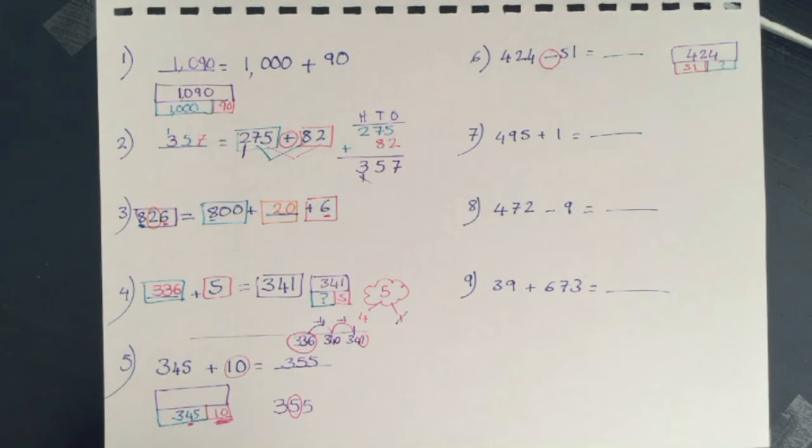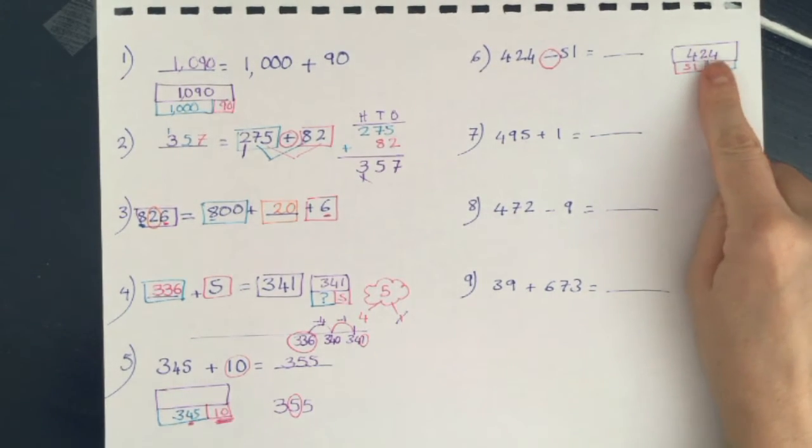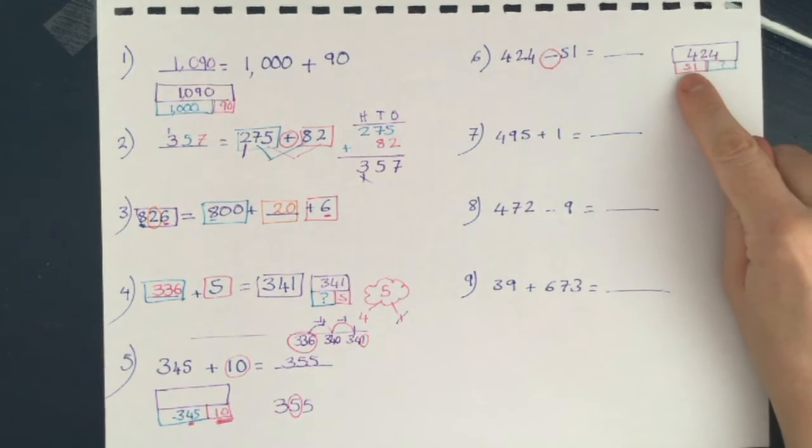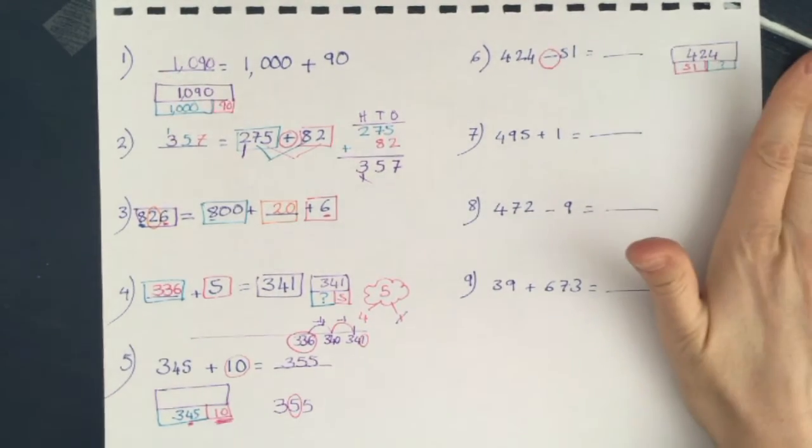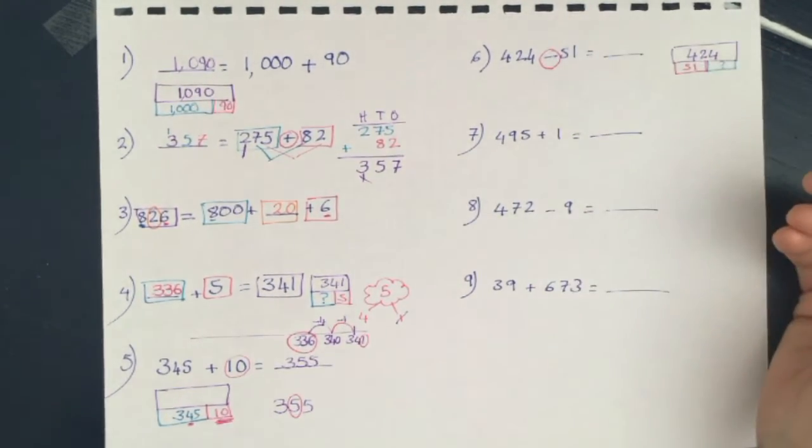Right. How can we do that? We could do that mentally, but 2 take away 5, we might find it a bit challenging there. So I think the most efficient way there would be to do the column method.